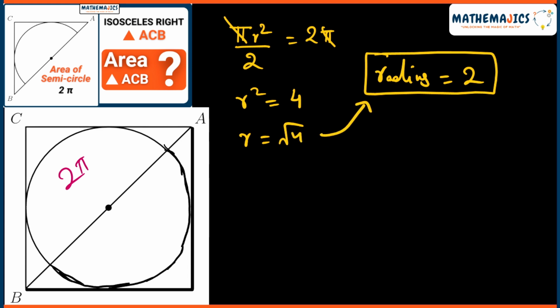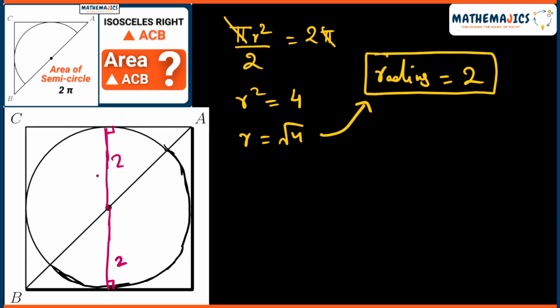Now see how this radius is useful. If we draw this radius, this will be 2. If we draw this radius, this will also be 2. Now, this is like the diameter of the complete circle. And this is also tangential, that means 90 degree, 90 degree.